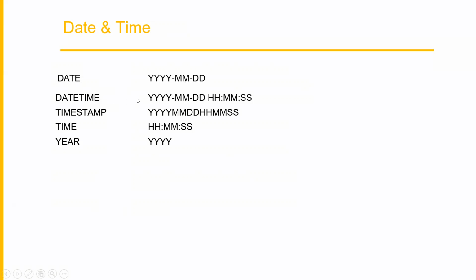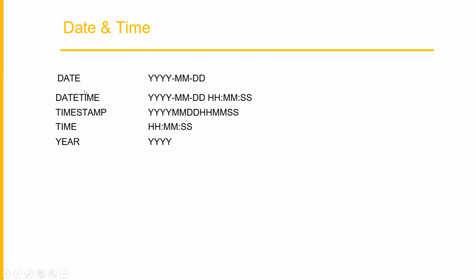Likewise, we have another data type called datetime. In some cases, we want to store a column where we want to store the date along with the time. So in this format: year, month, date, then hour, mm represents minutes here, ss is seconds. Mostly we use such columns for event logging.